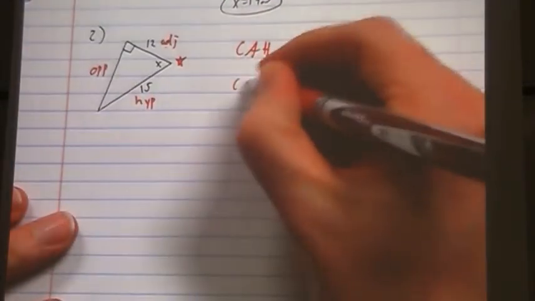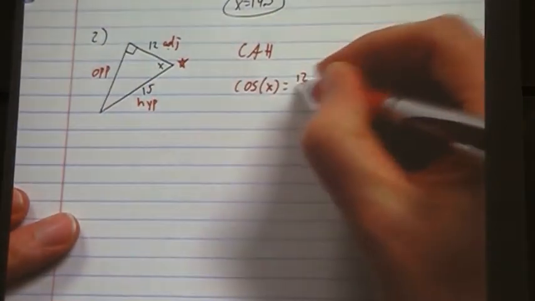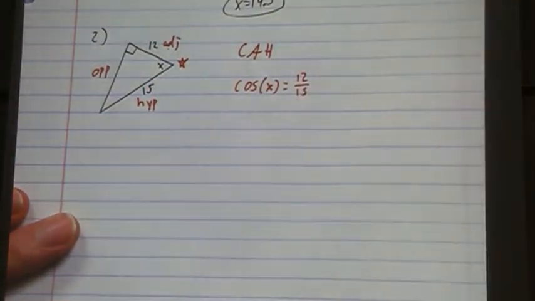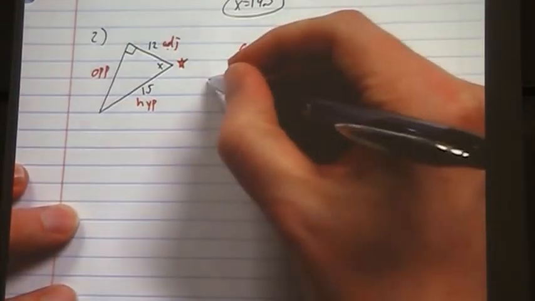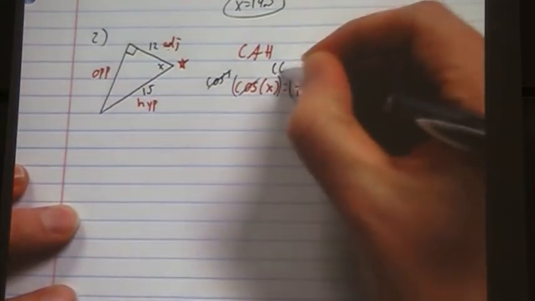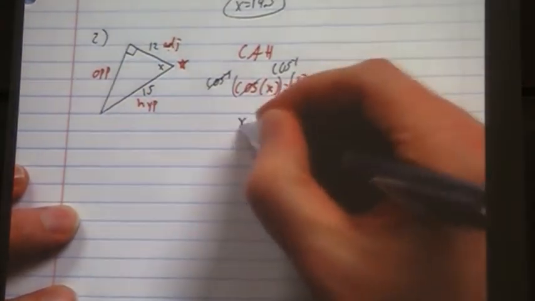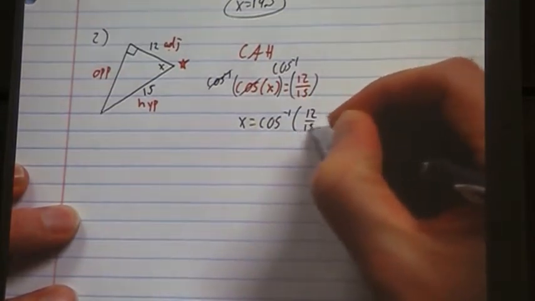So now we go cosine of our angle equals adjacent 12 over hypotenuse 15. And from here, it's algebra time. Inverse cosine both sides to get our x by itself. So x equals inverse cosine of 12 over 15.